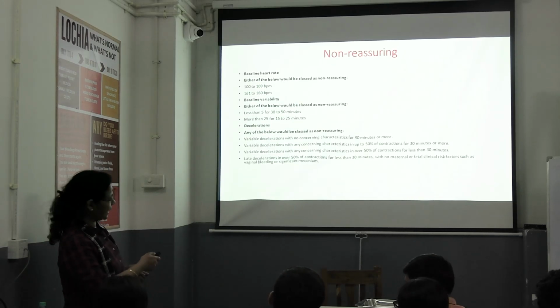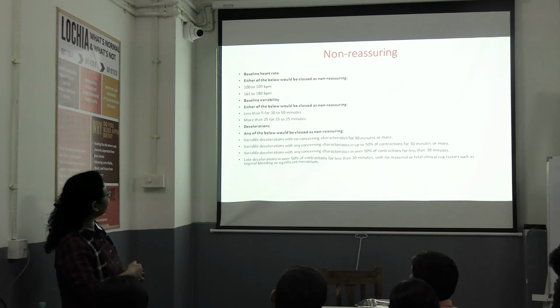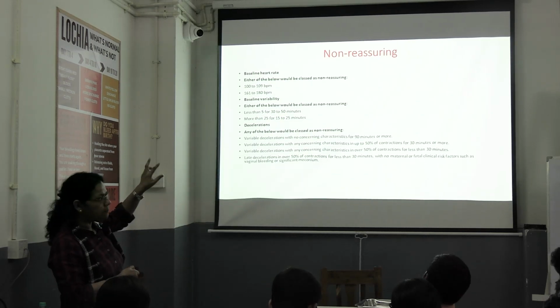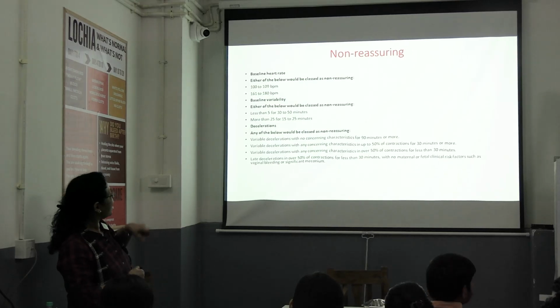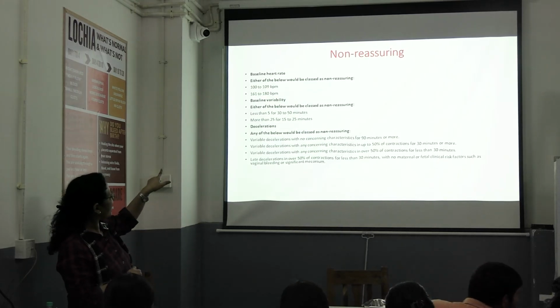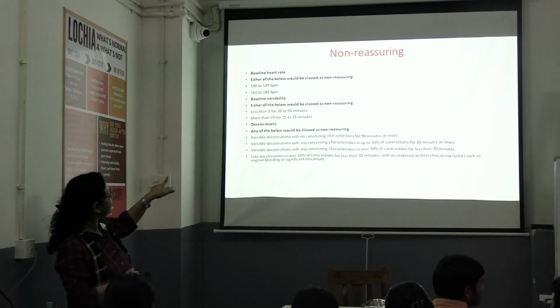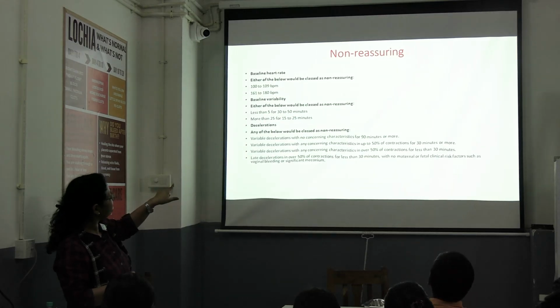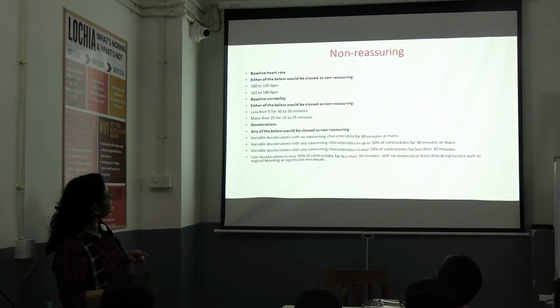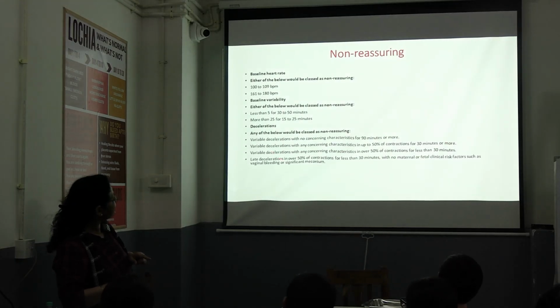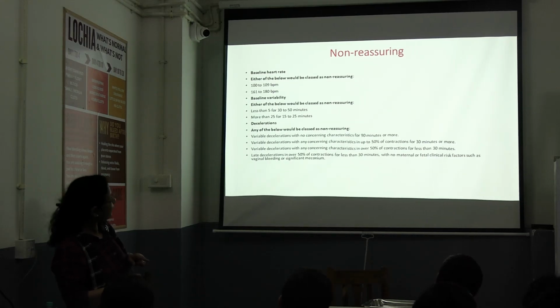For the non-reassuring CTG, the heart rate is between 100 to 109, since 110 was the limit, or on the higher side 161 to 180. Baseline variability is less than 5 or more than 25. And any one of these should be causing deceleration, that is, variable decelerations. These are the criteria. This is non-reassuring.